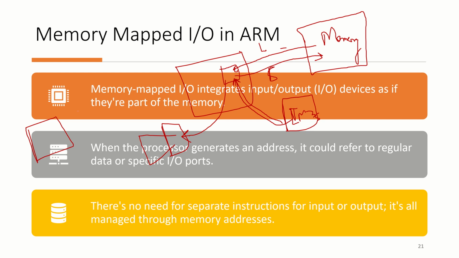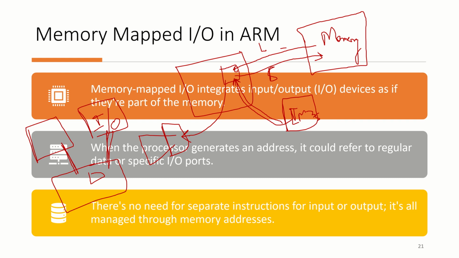This is the memory, this is IO, and this is your processor. In the processor, the registers treat them separately. There are separate commands for taking values from input output devices and giving values. We call that IO mapped IO.